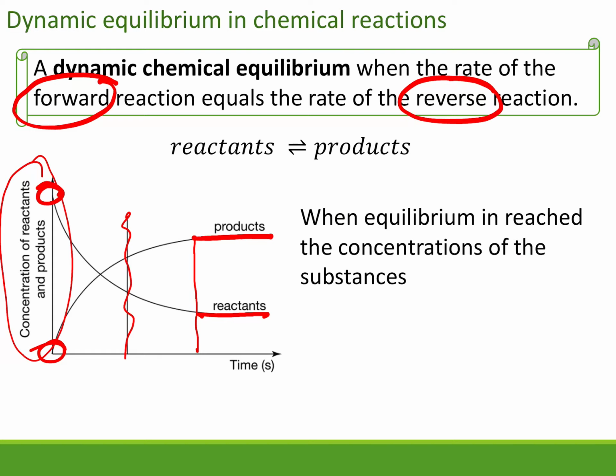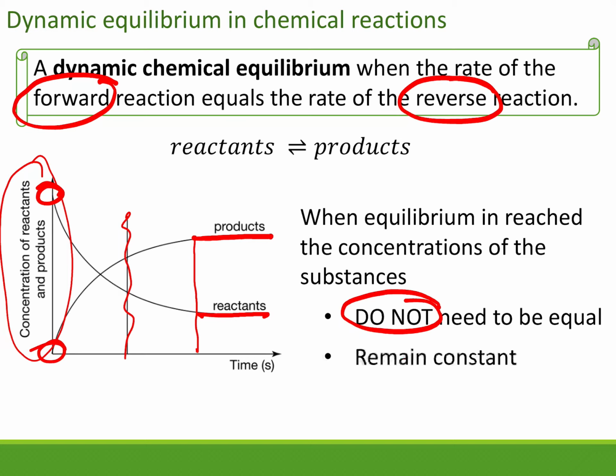So when equilibrium is reached, what we call chemical equilibrium, the substances do not need to be equal. Okay, but they must remain constant. Okay, because as quickly as we're using reactants, we're making the products.